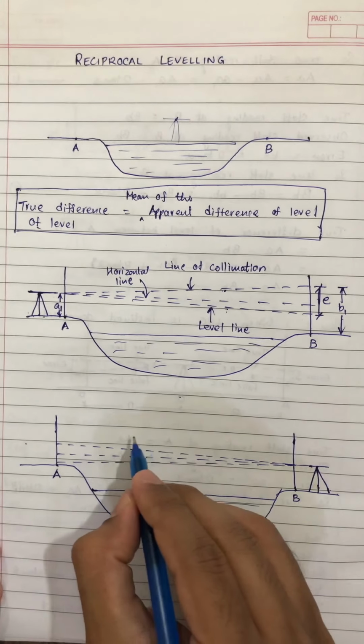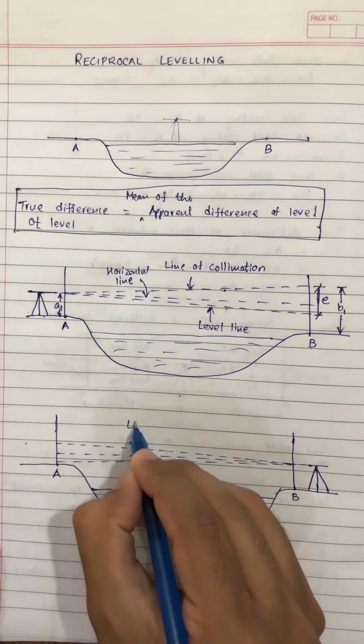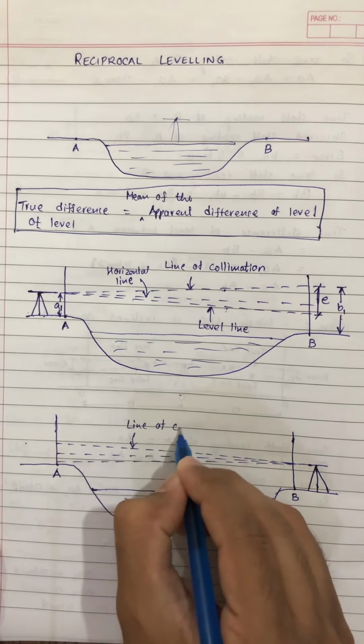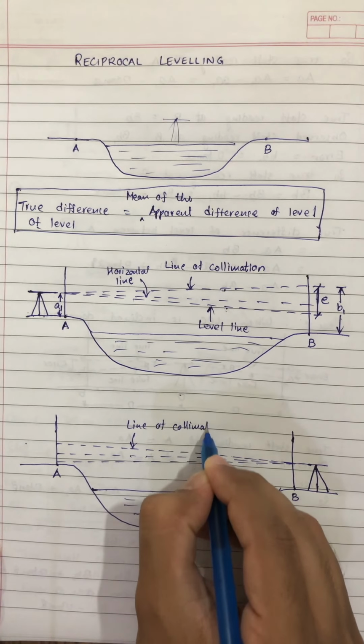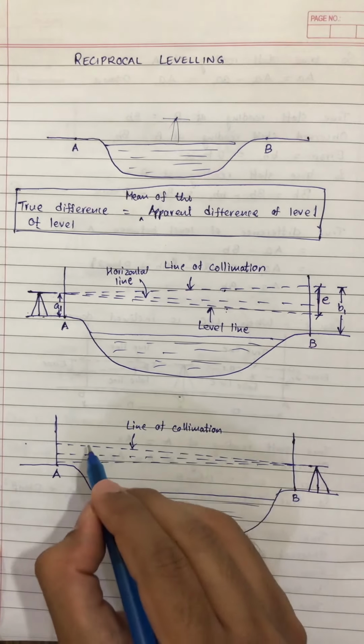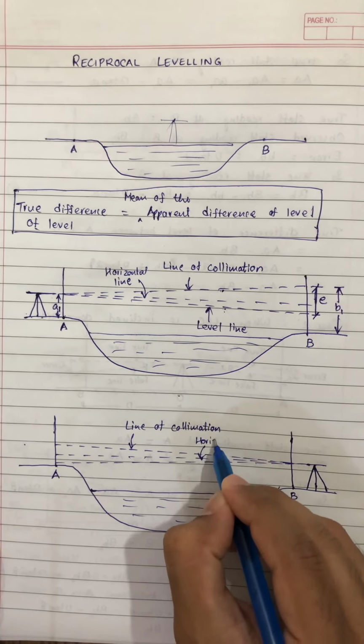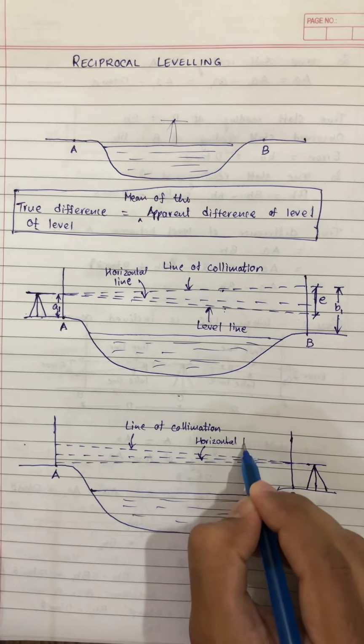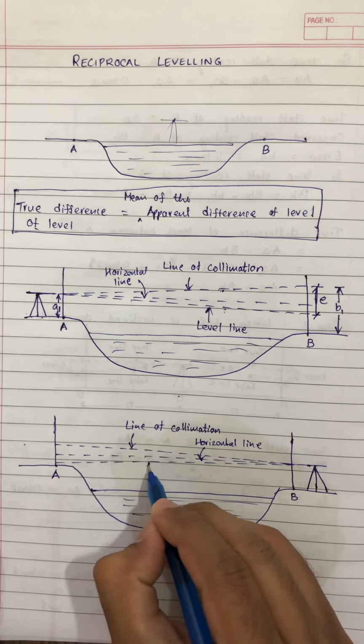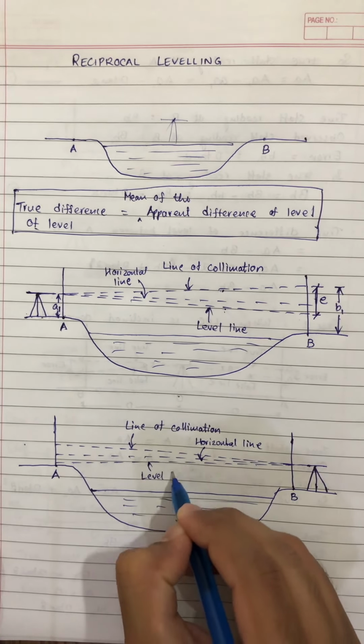Okay, so the upper line will be the line of collimation. The middle line is the horizontal line. And the lower line is the level line.